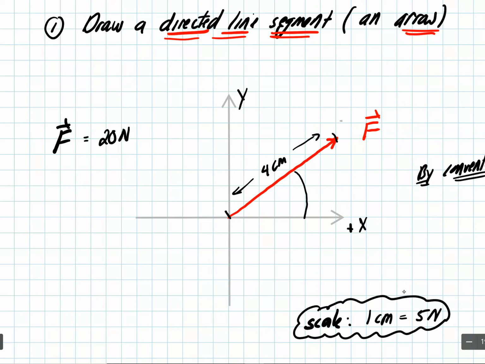This, of course, is positive x, so we would measure from that. Or suppose that you had a vector that was pointing over here. Just call this F2. This is just introduction. We're going to be doing this in detail later. Then you might measure from the negative x-axis.